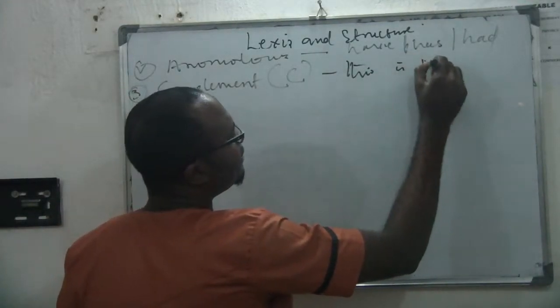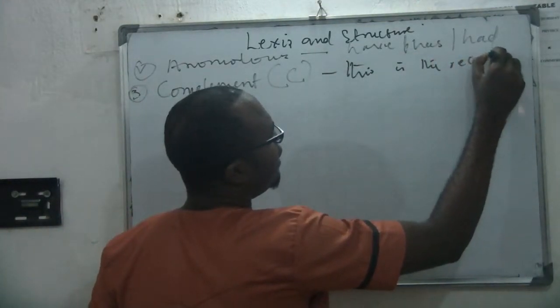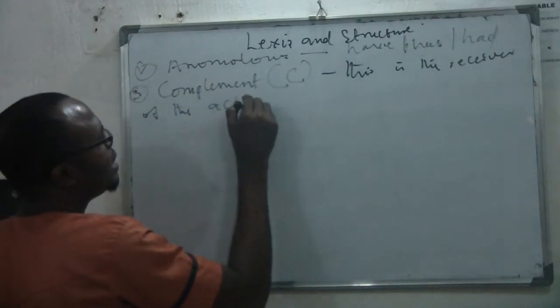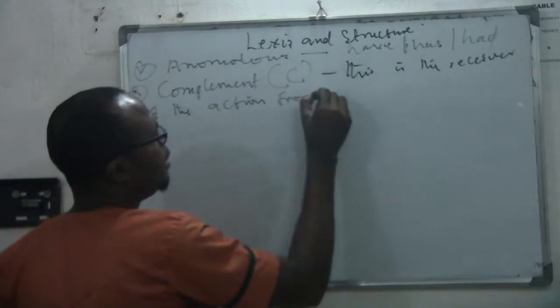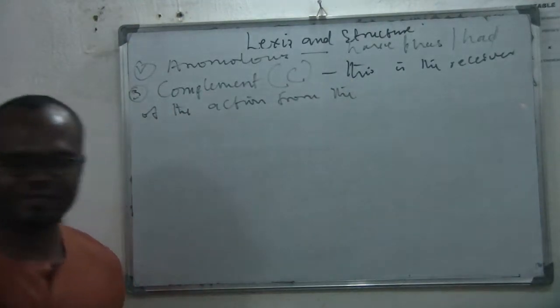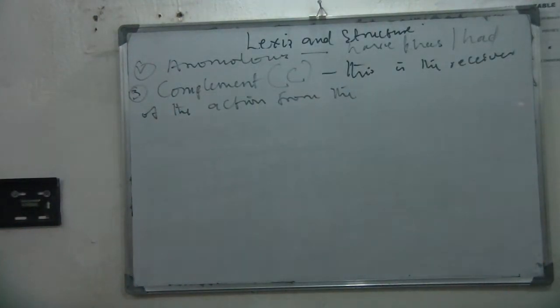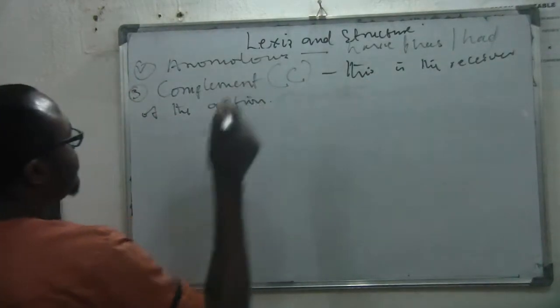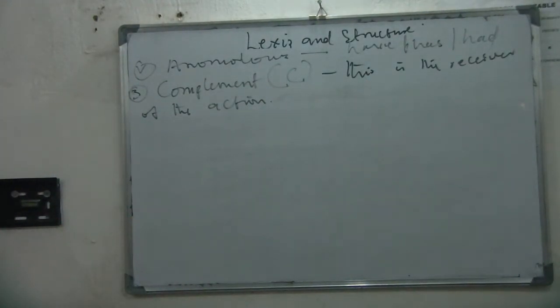This is the receiver of the action from the predicator. Is that clear? So this is the receiver of the action from the predicator.